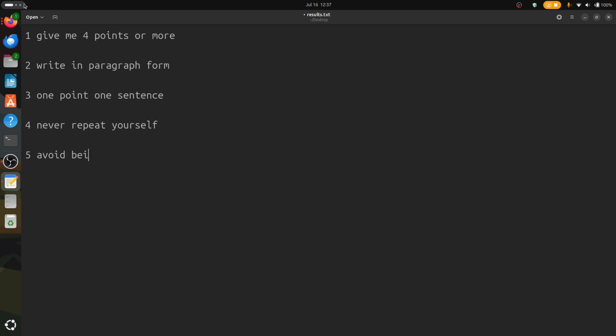Avoid being vague. Be very specific. That's what I mean by avoid being vague. This can lead to the point over here, point number 4. If you use vague terms, you tend to repeat yourself without even knowing. For example, they might ask about the negative impacts of soil erosion, and in the first sentence you say environmental degradation. That is completely correct, actually.